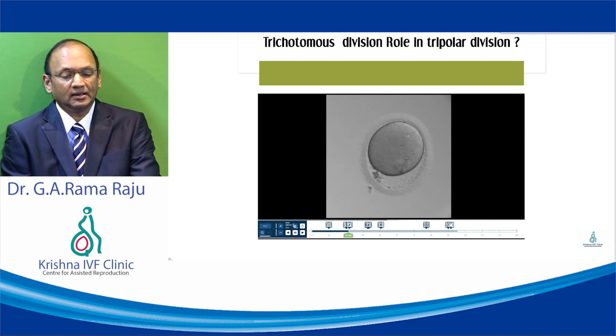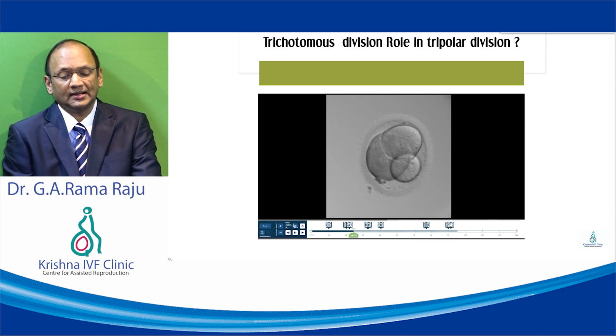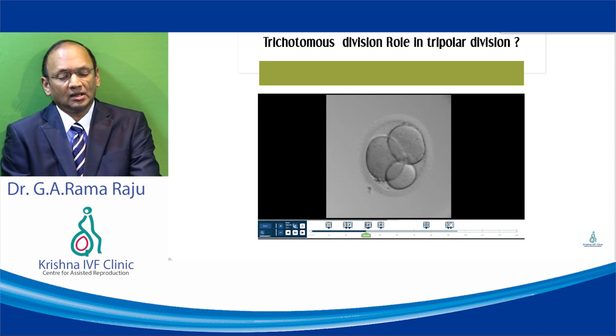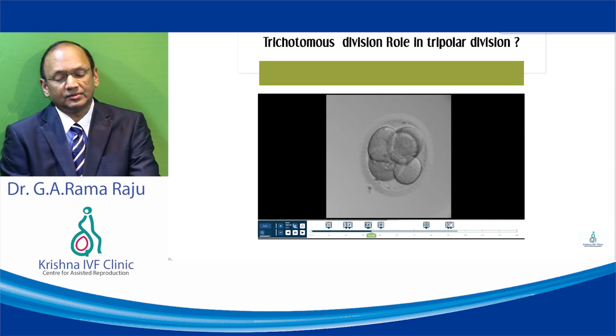Disappearance of the 2PN, then you see 2 cells, then you see an extra third cell that is coming in, and it's not a vacuole because of the size of the cell. And that cell remains at the same position throughout the cell division.